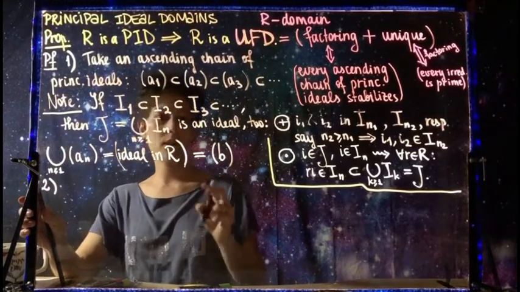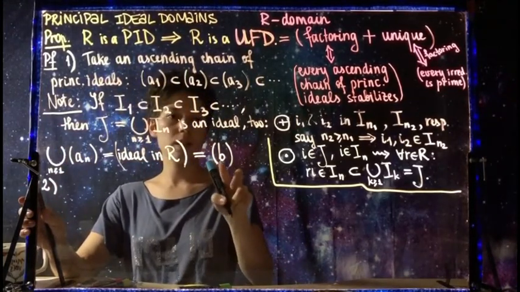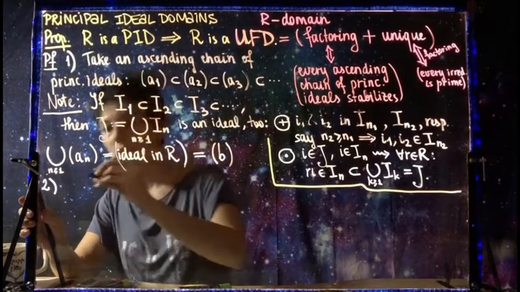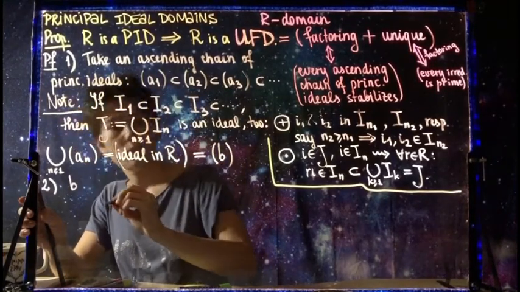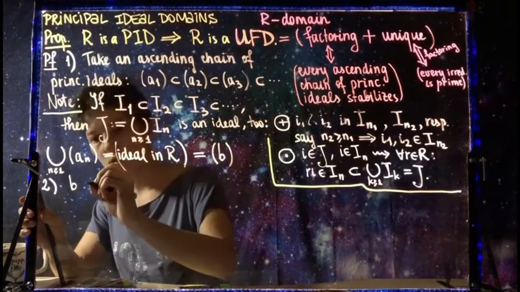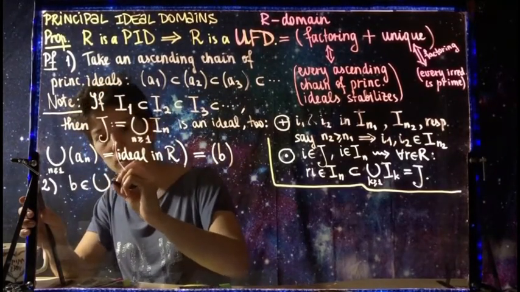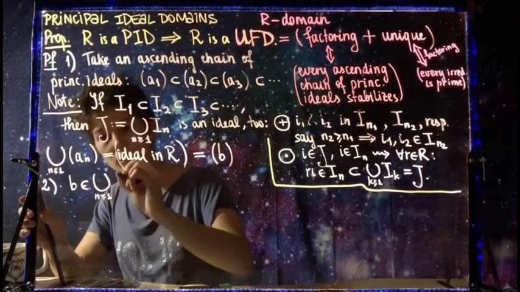Now let us study this ideal and this element B. B belongs to this ideal, so it belongs to the union of A_N starting from 1.